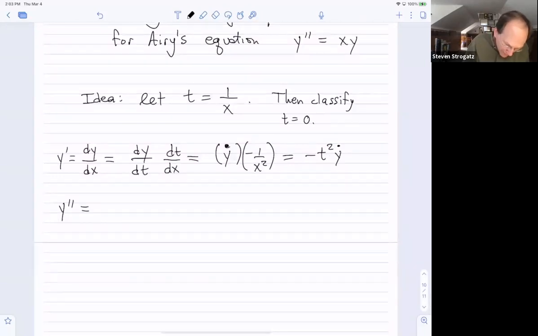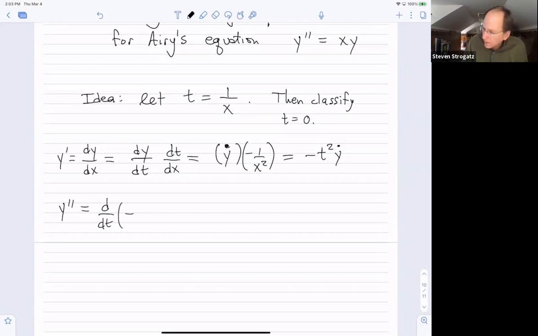Maybe I'll let you check that on your own. Well, no, I'll just write it. So that would be d/dt of minus t squared y dot. So that's d/dt of y prime, but then I have to do dt/dx to make this really an x derivative.